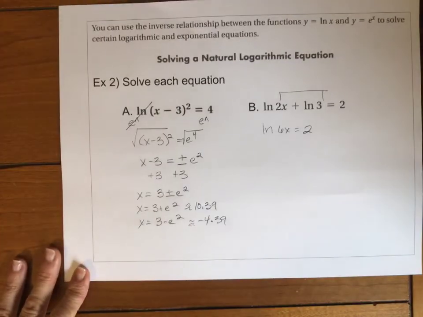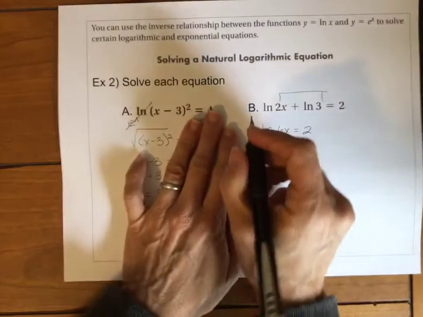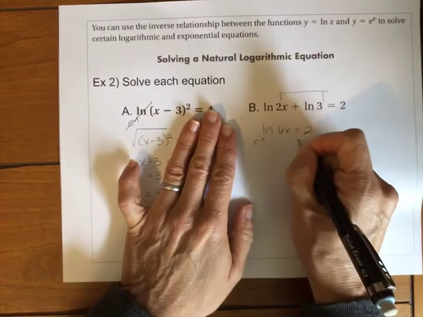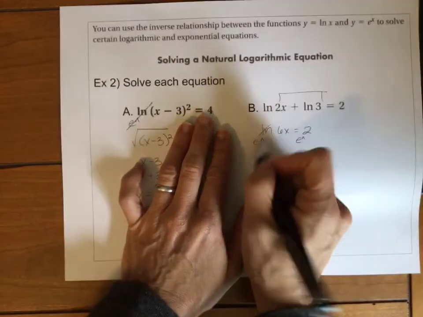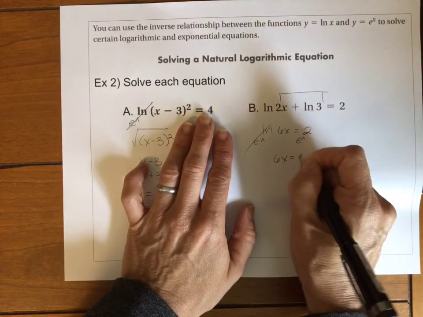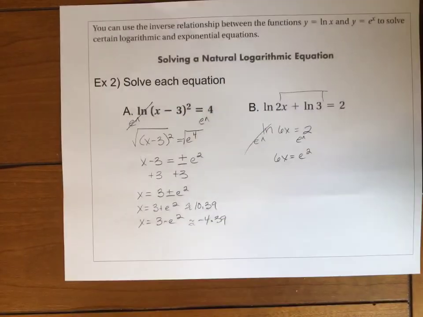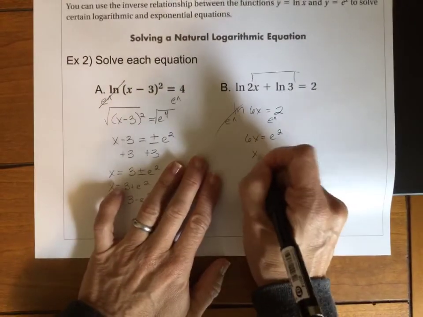Now that the log is in one spot, now I can undo it with my e to the power of on both sides. Now these undo each other, leaving me with 6x equals e squared. Now I can solve for x by dividing both sides by 6.